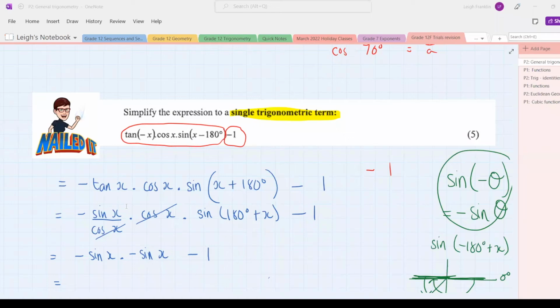But my darling, wait. You are taking something that is so simple and you are making it incredibly complicated. You don't have to write sine x minus 180 as a compound angle. It is a compound angle, but it's a reduction formula from grade 11. So you're not going to get any extra marks for making your life more complicated. Let me just say to you, let's pretend, in which city do you live?